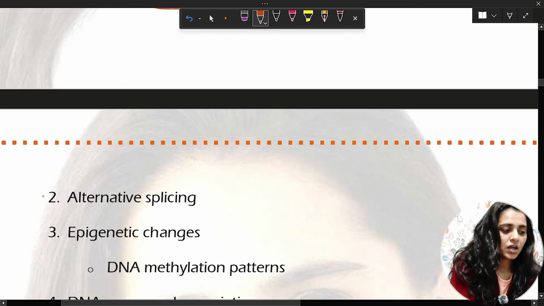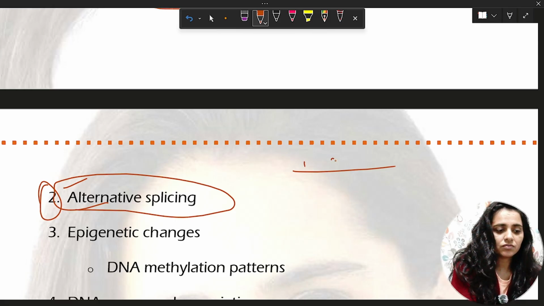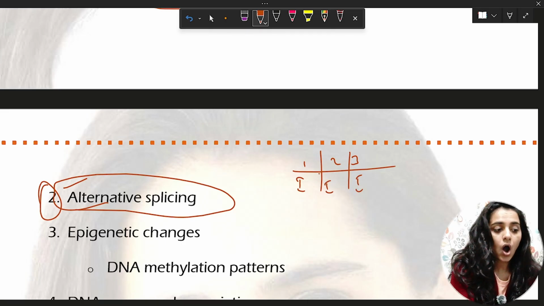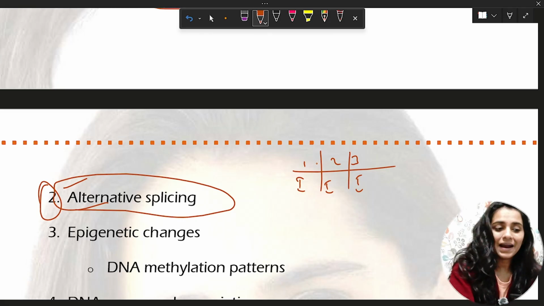And another thing we can study is alternative splicing. What is alternative splicing? If there are 1, 2 and 3 introns in mRNA, then how they are spliced and how they are binding with each other.